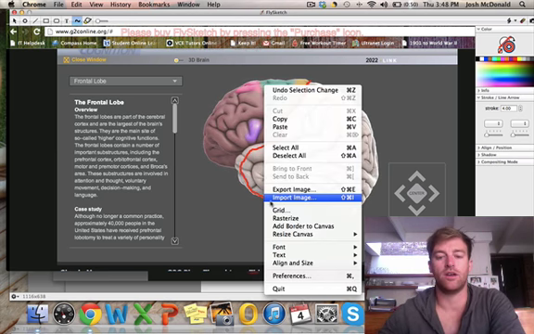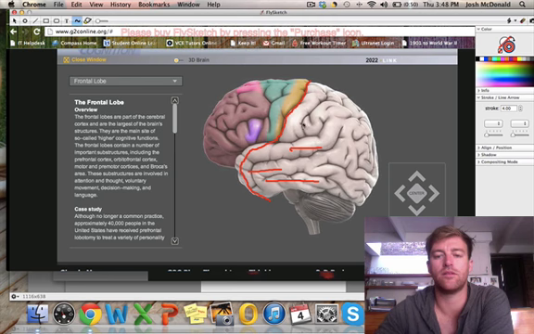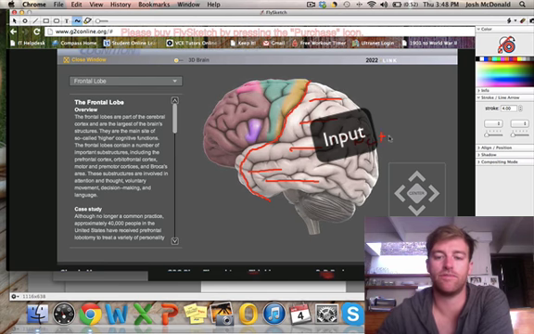Front and the back. One easy way to remember it is that basically everything back this way from that line is sensory. So that's input. My writing's really bad, but that's okay.